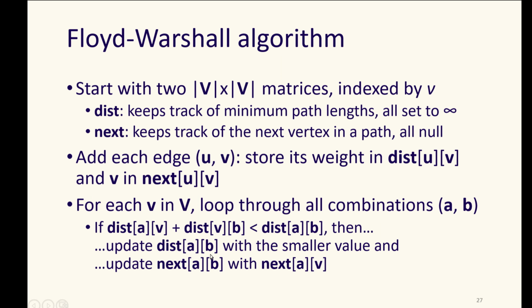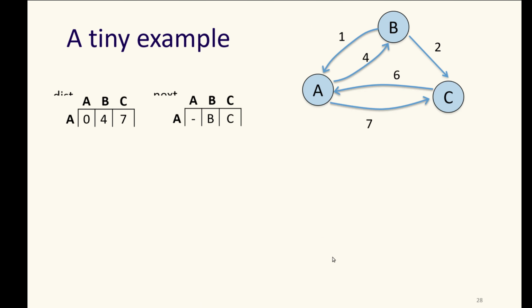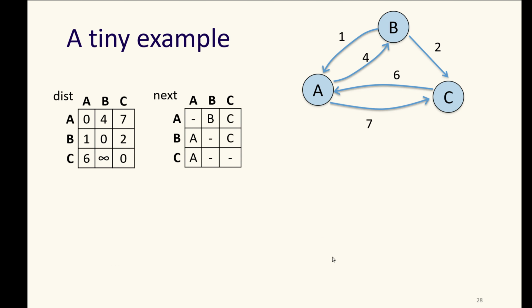We'll make it so that if I'm starting from A and I'm wanting to get to B, I will notice whatever the next step is on that path from A to V uses V as kind of an intermediary there.